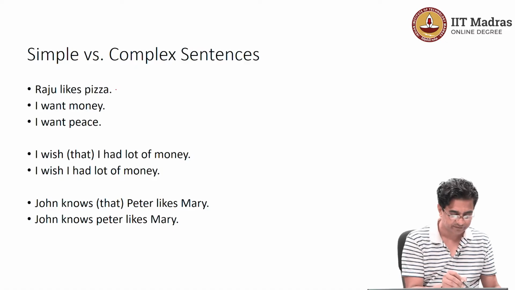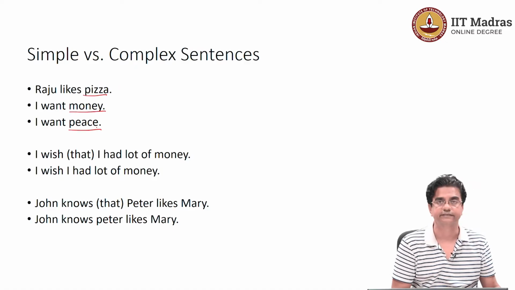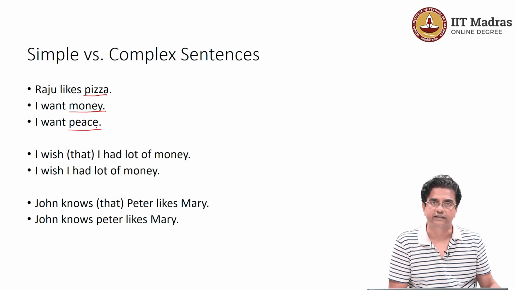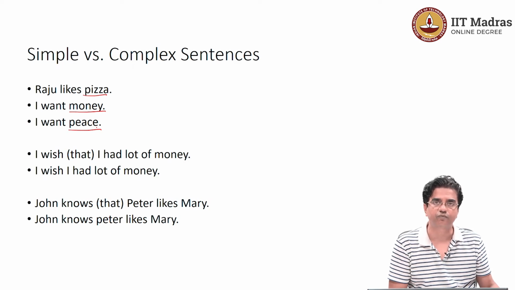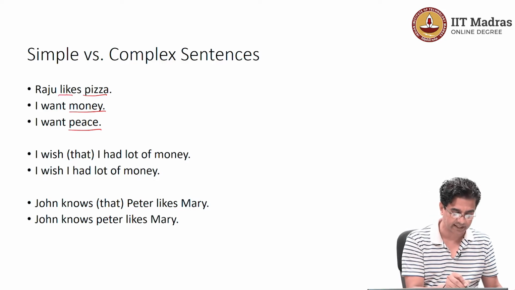I want money. So pizza, money, I want peace. These are plain noun phrases as objects of their respective verbs, like want.